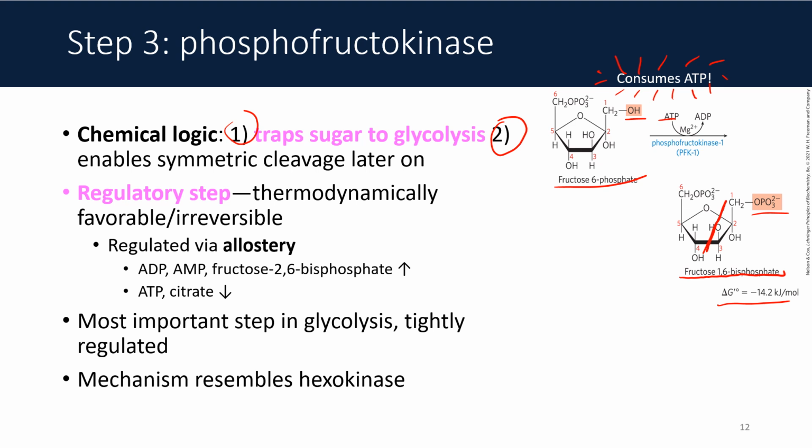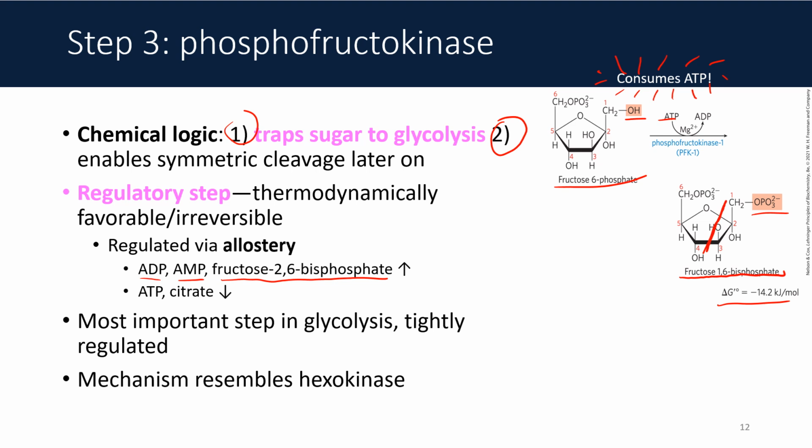And since phosphofructokinase gatekeeps glycolysis, nature has installed many allosteric regulatory sites on this enzyme. Our upregulators are going to be ADP, AMP, and another molecule that we'll discuss like 1 or 2 lectures from now called fructose 2,6-bisphosphate.